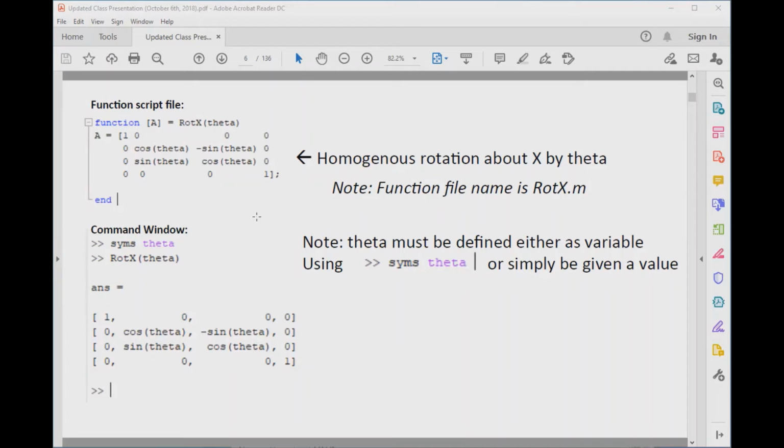To actually call that function, you have to symbolically define your variable theta. So syms theta will define theta as a symbolic variable, and then rotation about x theta will simply output this array.